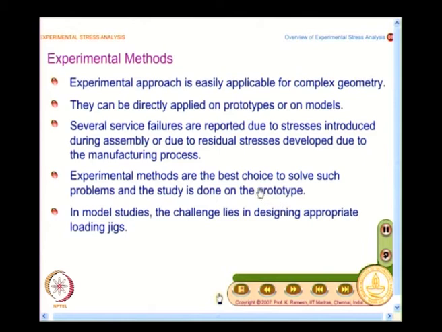So, experimental methods are the best choice to solve such problems, and the study is done on the prototype. In model studies you have a difficulty, because the challenge lies in designing appropriate loading jigs. If I do not design the loading jig appropriately, then I am not solving the problem that I have to solve even by experiments.